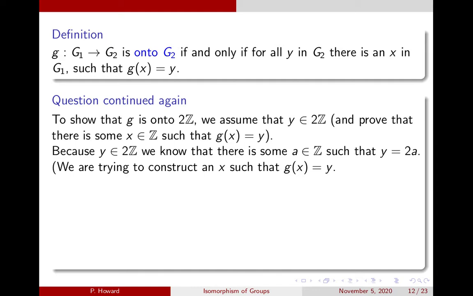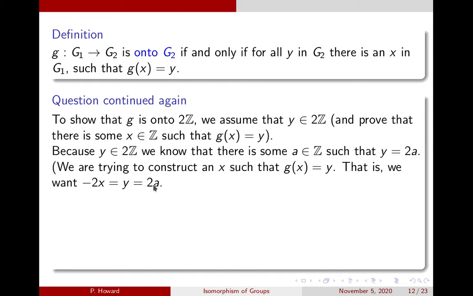I'm going to do a little scratch work here. Put the scratch work in parentheses. This would not appear in a finished proof. So here's the scratch work. We're trying to construct an x for which g of x equals y. So g of x is minus 2x according to the definition of g, and y is 2a.